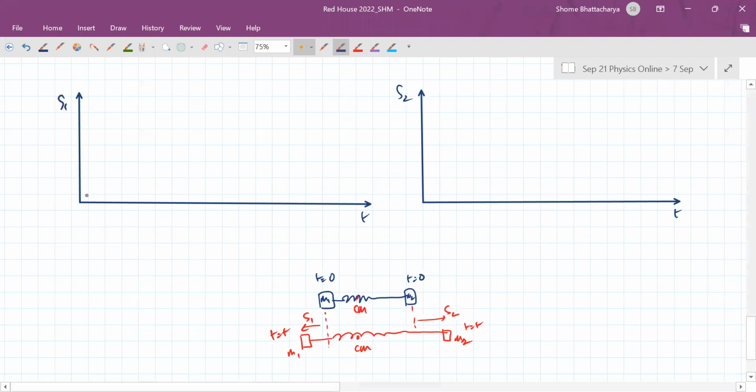So the 1 minus cos omega t graph is like this. This is 2a1.